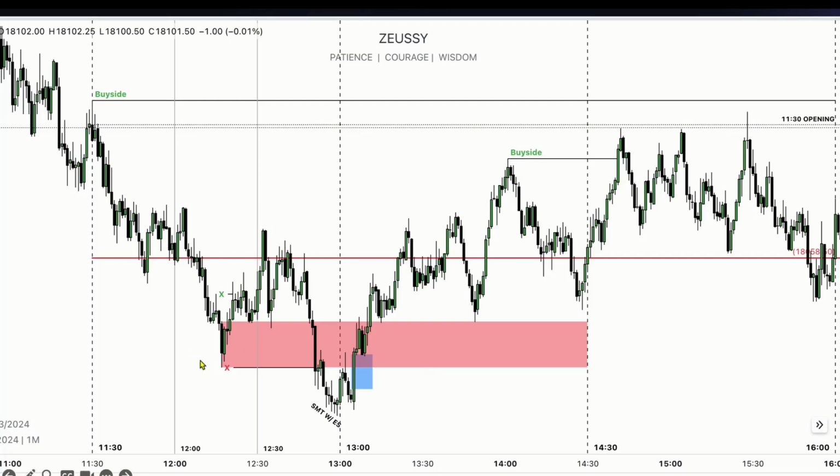And what makes this candle even more significant is the fact that it was the low between the 12 to 12:30 time window. Yep, again, we're utilizing the 30-minute cycle logic to determine crucial highs and lows.